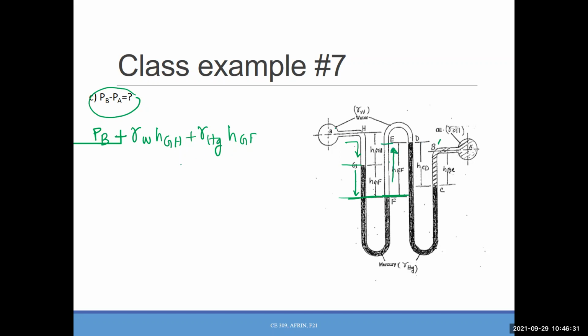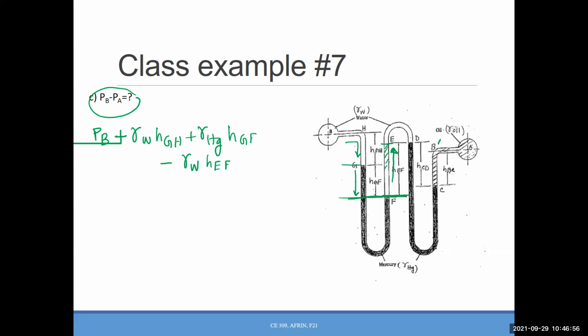E. So I'm going in the upward direction, and what is the fluid here? Gamma water, HEF, right? Okay. After that, where is the next interface? Now I'm at E, but I can move to D because they're at the same level.